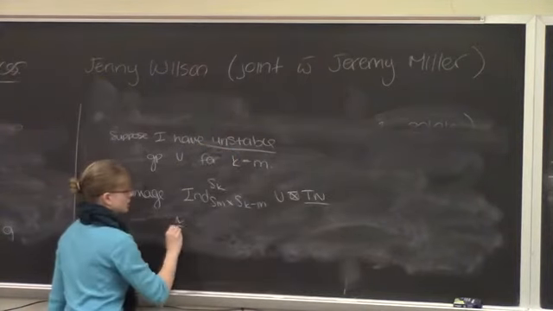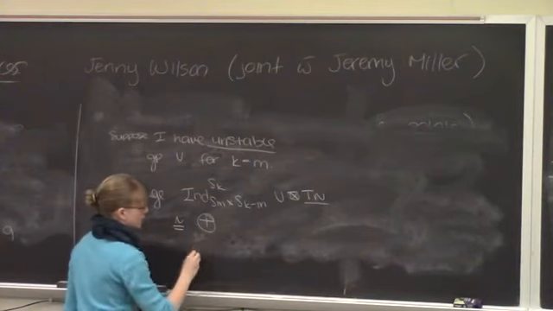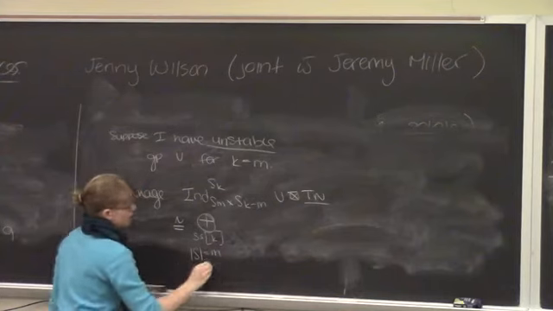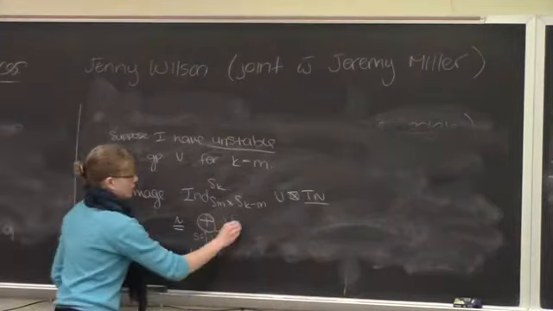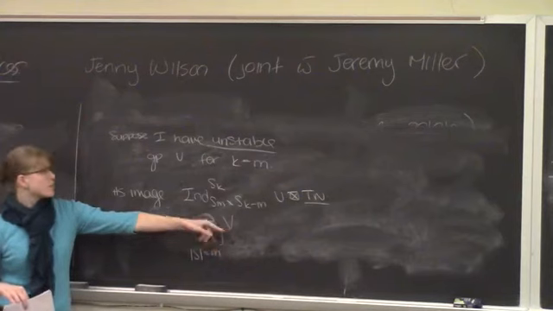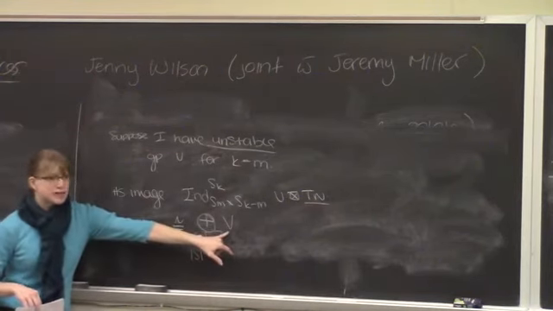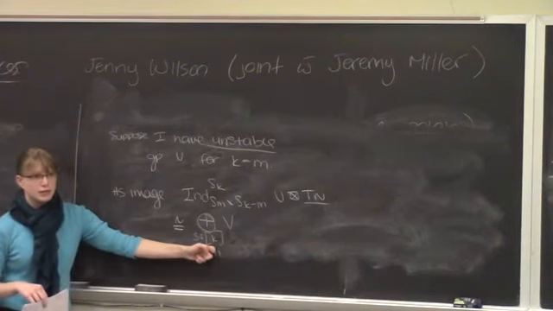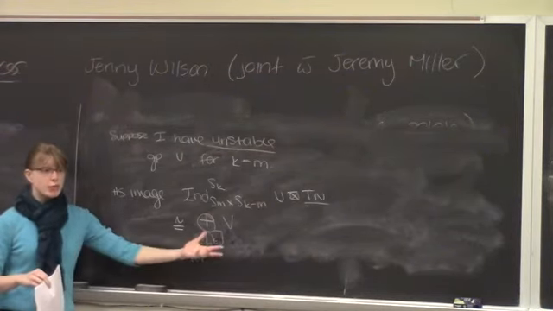In other words, this is the same as saying the following. I'm going to take the sum over all m-element subsets of the set on k elements. For each such subset, I take a copy of my unstable group V. Now this is a representation of S_k, which acts both on V and by permuting the summands.